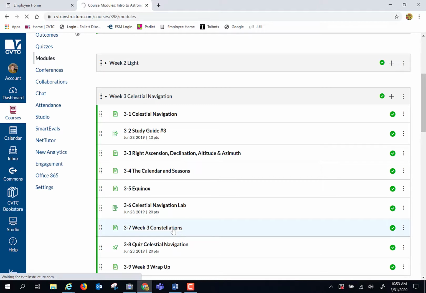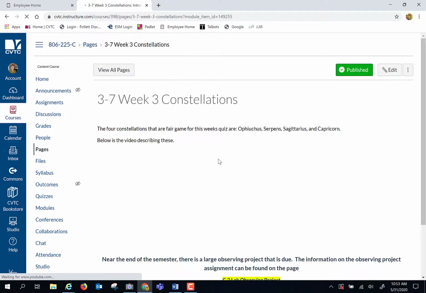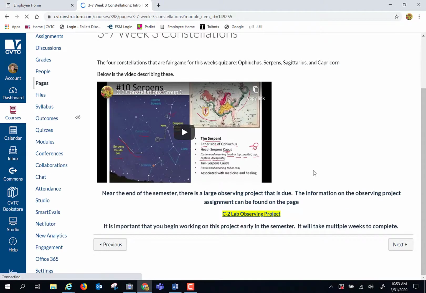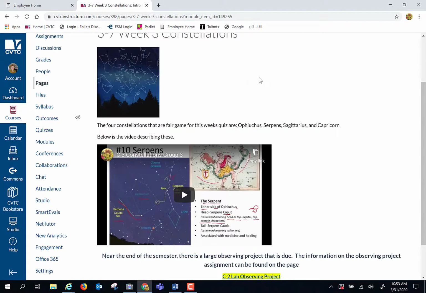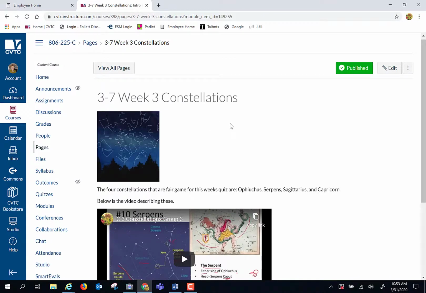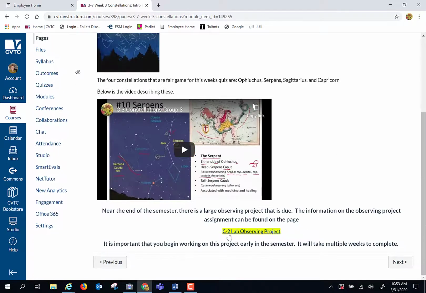The observation project, ladies and gentlemen, is a project that is going to be due towards the end of the term. So when you look at this week's information on constellations, there's a link back to the module that's right after module 1.